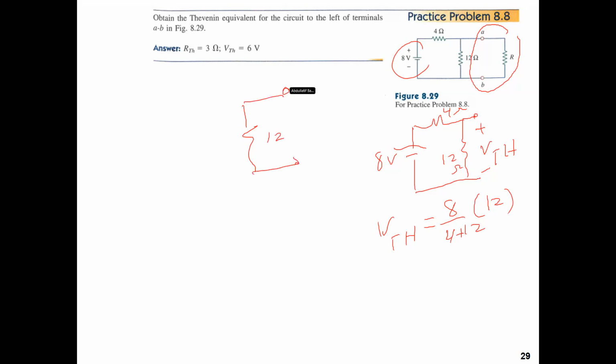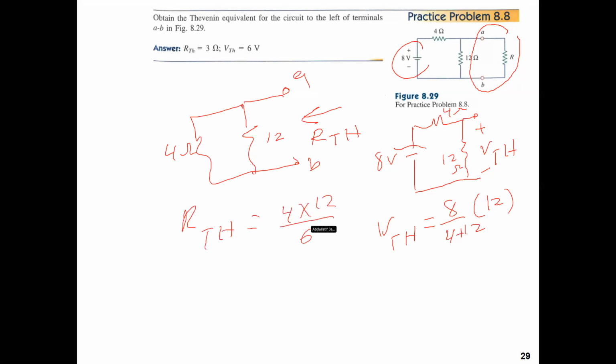Here's the two terminals, A, B. Okay, R is removed. This is where we determine RTH. Then we have the 4 ohms here and the 12. So RTH will be 4 multiplied by 12 over 16, which is 3 ohms. Okay, again, this will be 6 volt.